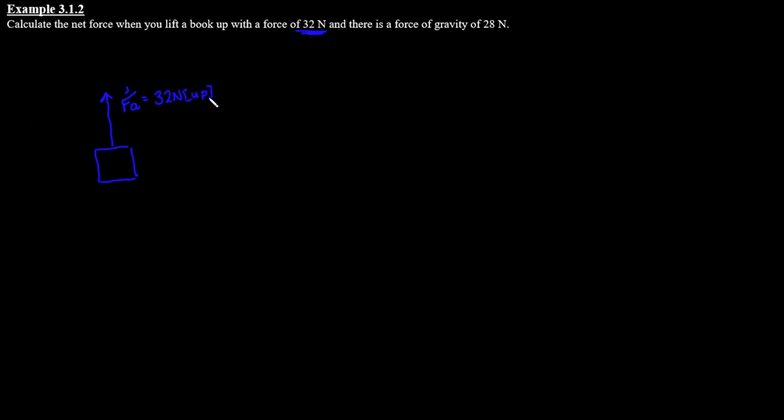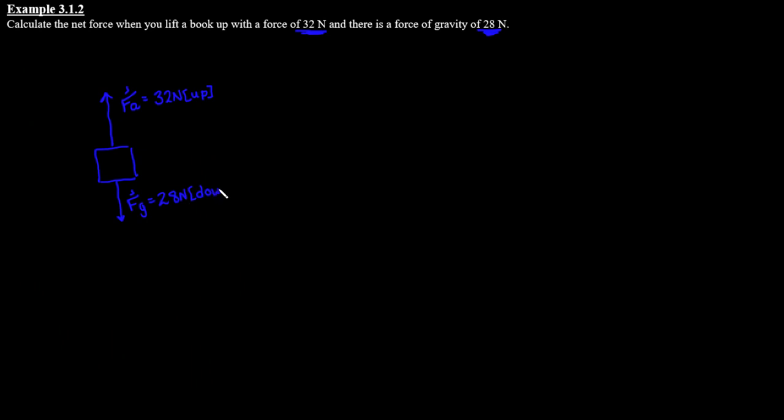We know because gravity acts down, this 28 newtons exerted by gravity is going to be the force that opposes this applied force. So our force of gravity acts 28 newtons in the down direction.